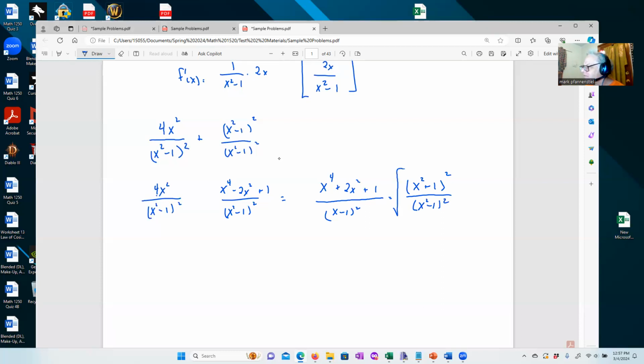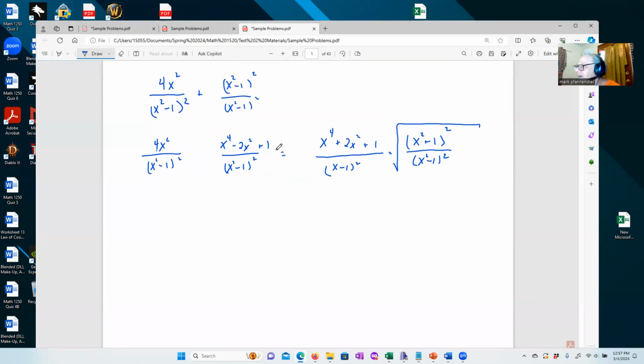Now this is all inside of a square root, so it's going to cancel off the squares, and we're just going to be able to integrate x squared plus 1 over x squared minus 1, without the square anymore.